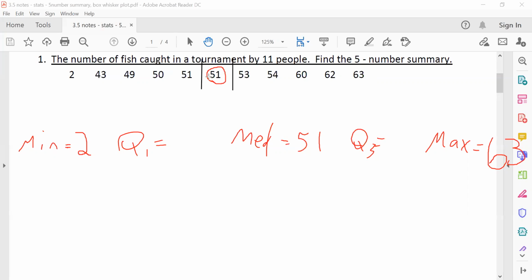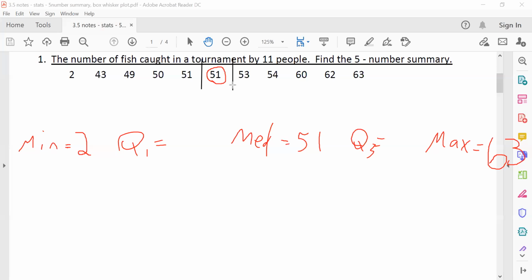You don't use the median in both the bottom and upper half. If you had an even number of data like we did last time, you would just do the first half and the second half, and there wouldn't be any values to ignore. But here we're going to ignore the median.